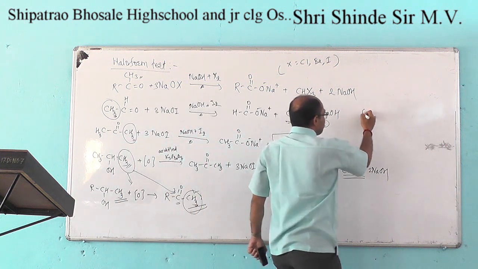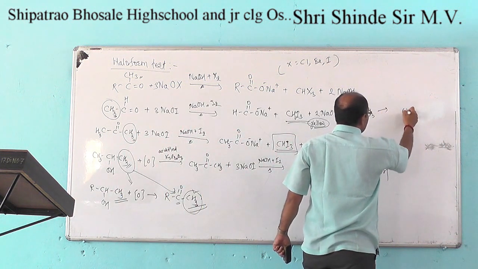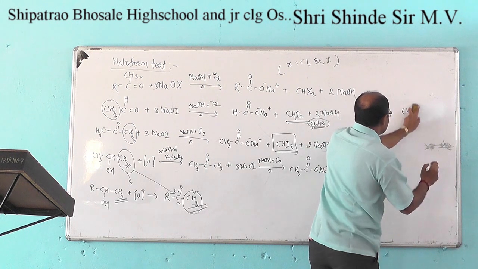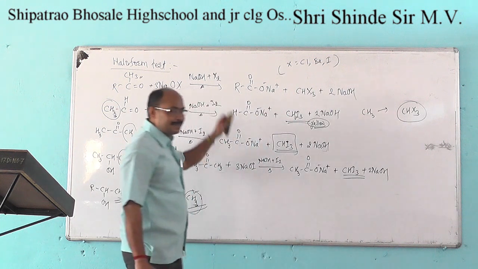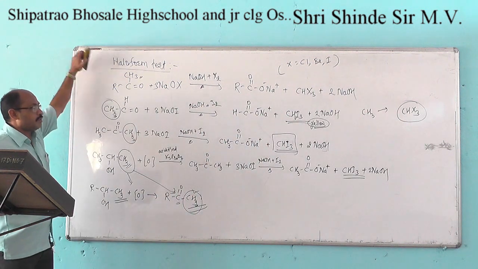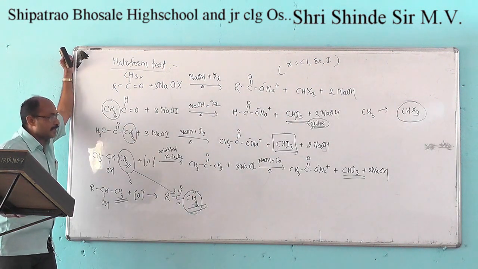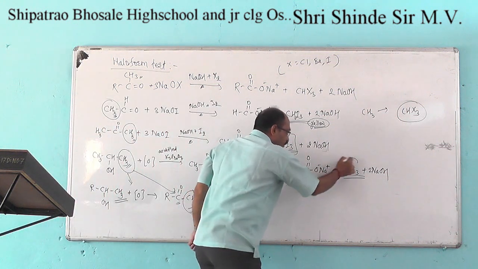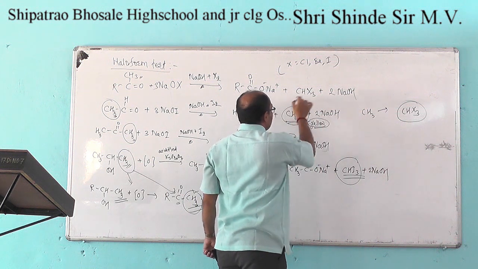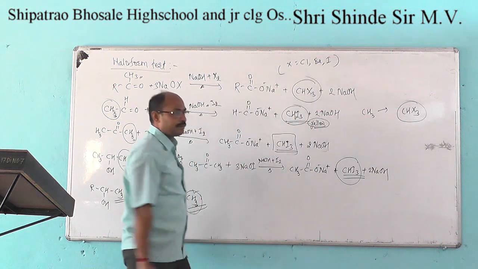It means CH3 is converted into CHX3 in the haloform. These are some points of this reaction. This reaction is known as the haloform test. It gives the formation of a precipitate of haloform.